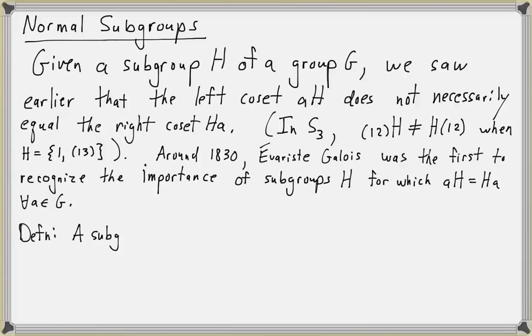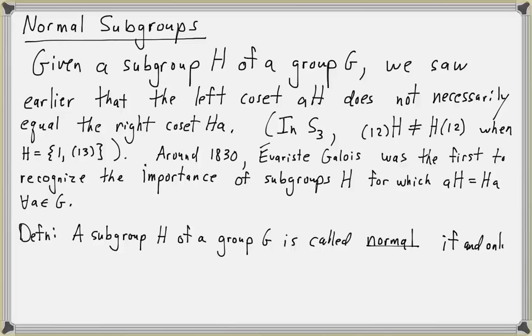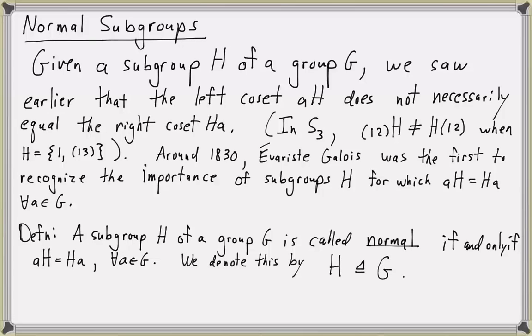A subgroup H of a group G is called normal if and only if AH equals HA for all elements A in G. And in this case, if H is a normal subgroup of G, we denote this by H ⊲ G. It's kind of the symbol for a subgroup, but we close the less than symbol. So this is the notation for H is a normal subgroup of G.